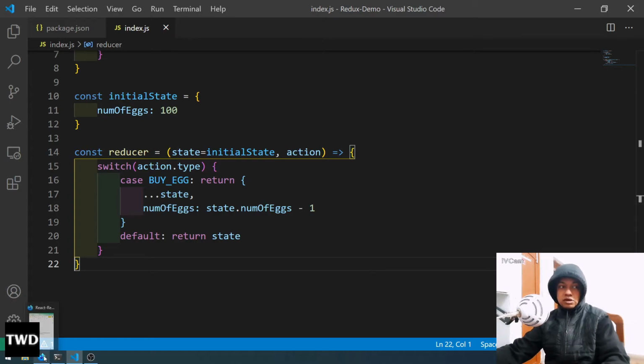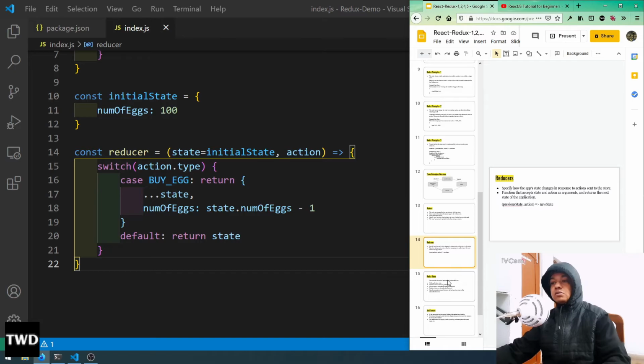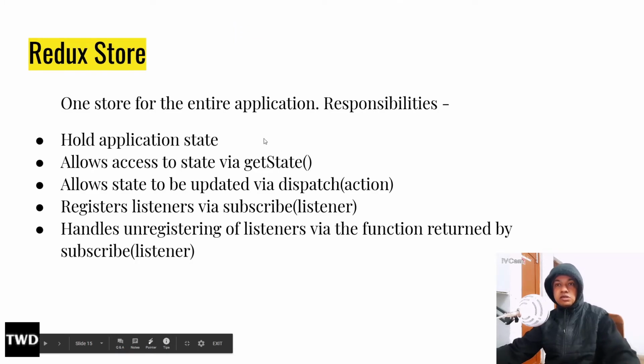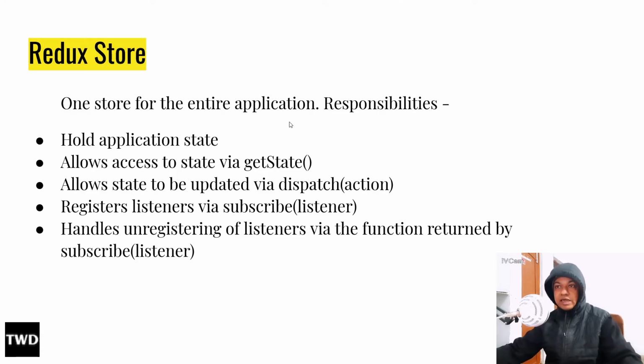Okay, so now we look into the next thing, which is the Redux Store. In the Redux Store, we have only one store for the entire application. So what are its responsibilities? Hold application state, allow access to state via get state. So we'll use this. Allow state to be updated via dispatch. Dispatch is a function which we'll see takes an action.